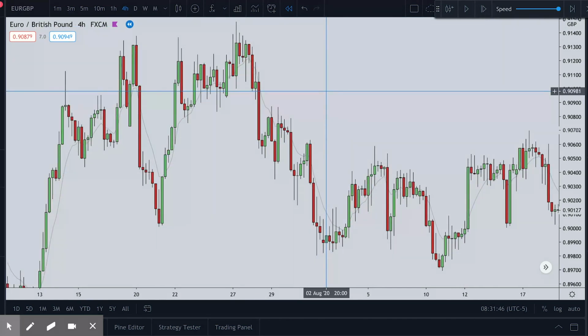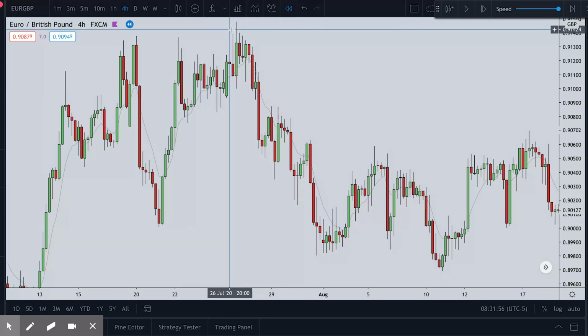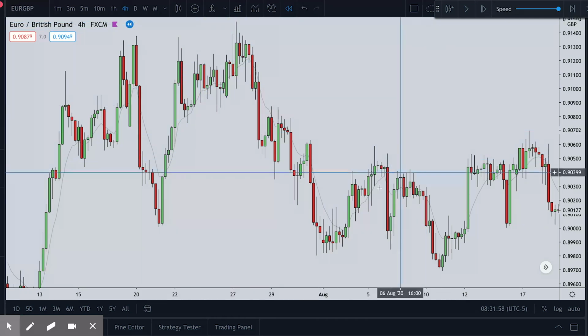So simply put, wicks. I'm going to call them wicks, not shadows. That's what I call them myself, but they do have the same name. Wicks show rejected price. So when we see these sticks, we are seeing rejected prices in the market.